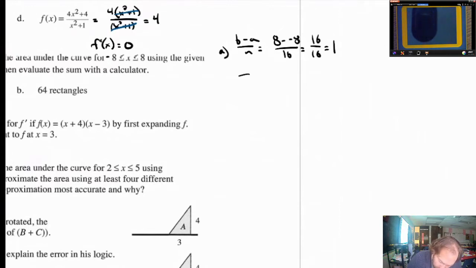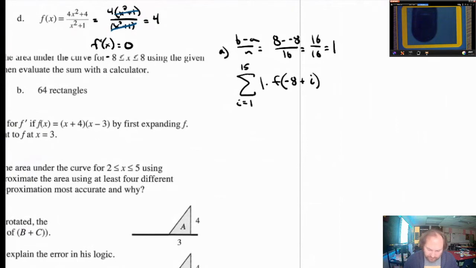So this would be sigma from i equals 1 to 15, n minus 1. You would have 1 times f of your a, in this case negative 8, plus, usually it's delta x times i. In this case, our delta x is just 1, so it would be i, and that's it. That actually will do the trick.